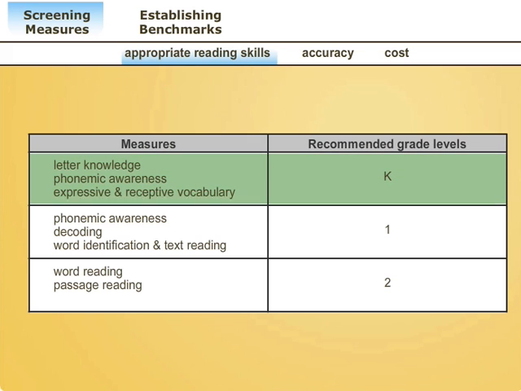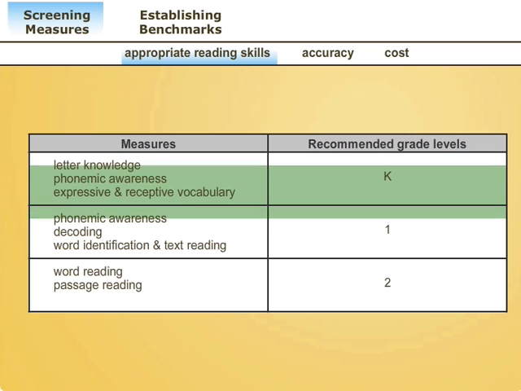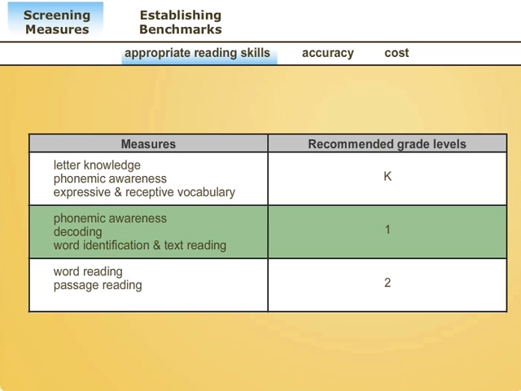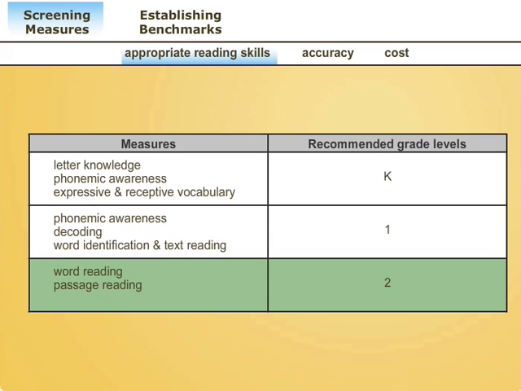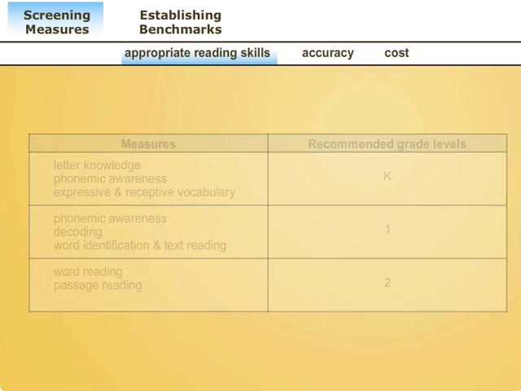In kindergarten, screening should assess letter knowledge, phonemic awareness, and expressive and receptive vocabulary. In grade 1, focus should shift to address phonemic awareness, decoding, word identification, and text reading. In grade 2, screening should focus on word reading and passage reading. It may be necessary to use more than one screening measure in order to assess all of these skills.